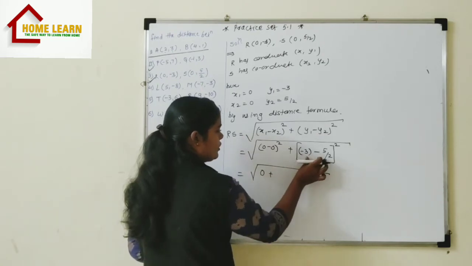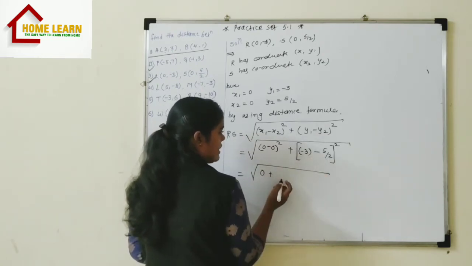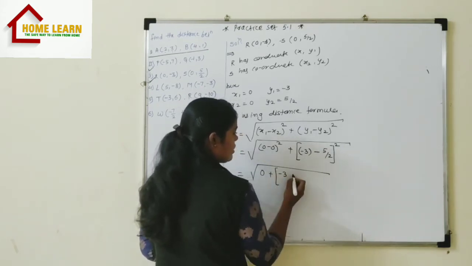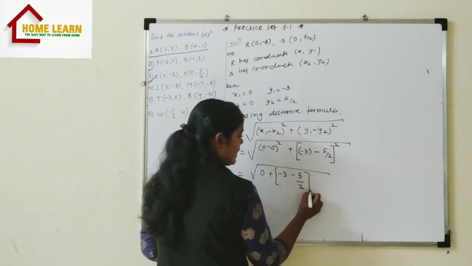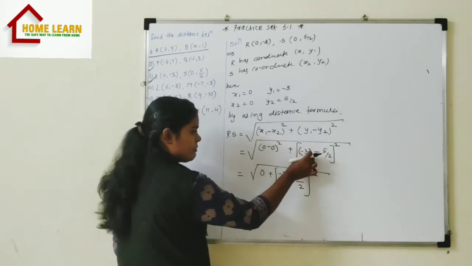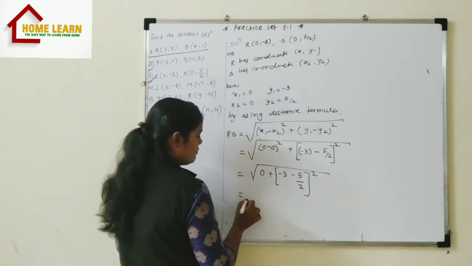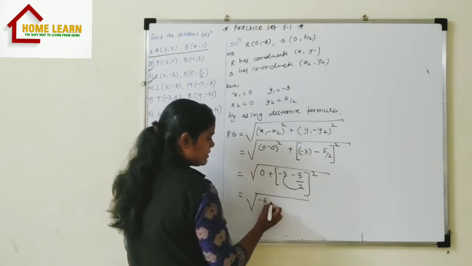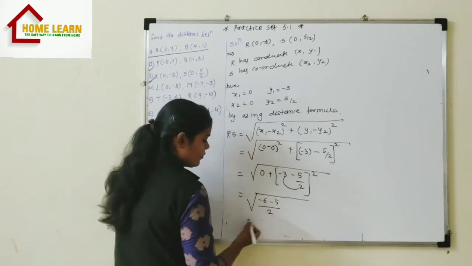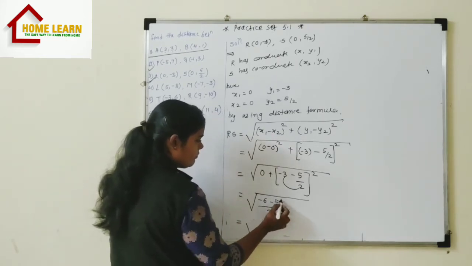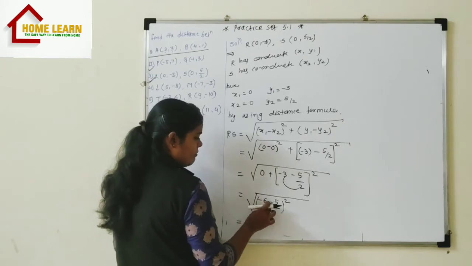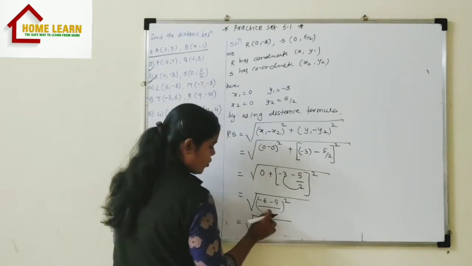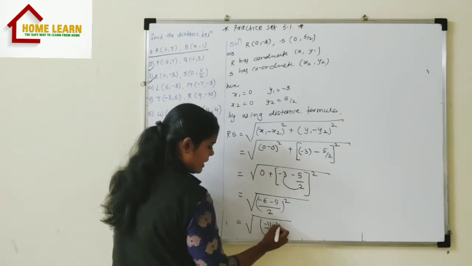Now here, -3 minus 5 upon 2, squared. After solving this, 2 threes are -6, minus 5 upon 2, and the answer will become -11 upon 2, squared. Minus gets added: 6 and 5 make 11.